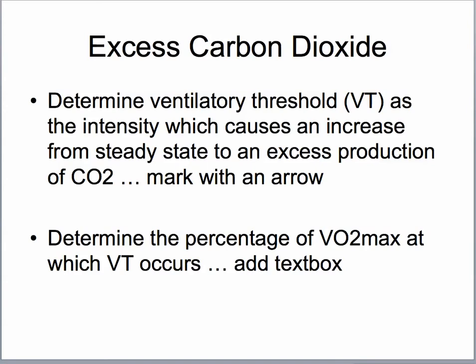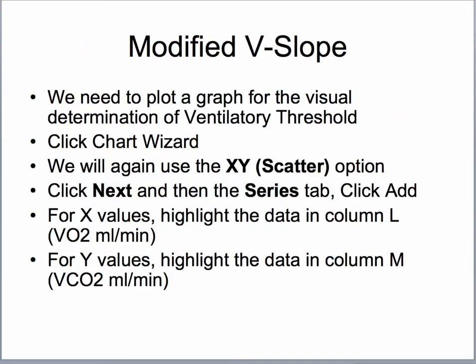Okay, so I just barely took you through how to determine a ventilatory threshold, how to mark it with an arrow, and how to put the text box, and make sure that you put the percentage in your text box. The last method that we're going to talk about is the modified V-slope, which is your classic method for determining ventilatory threshold.